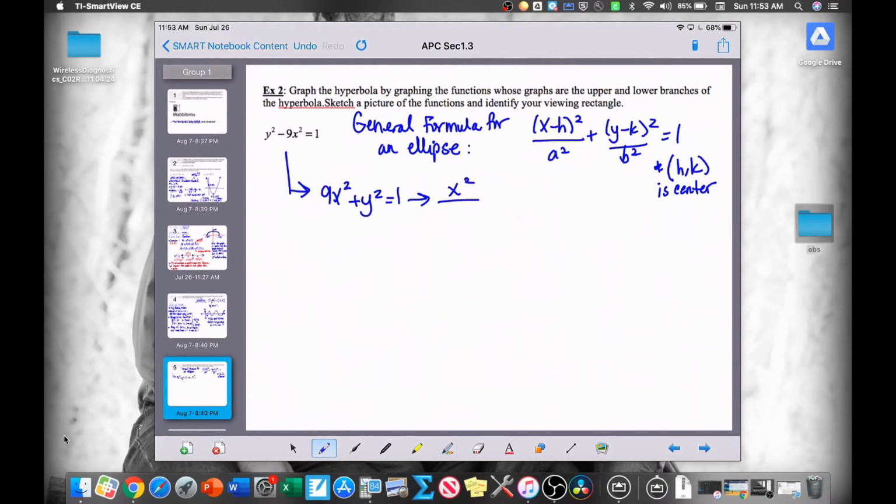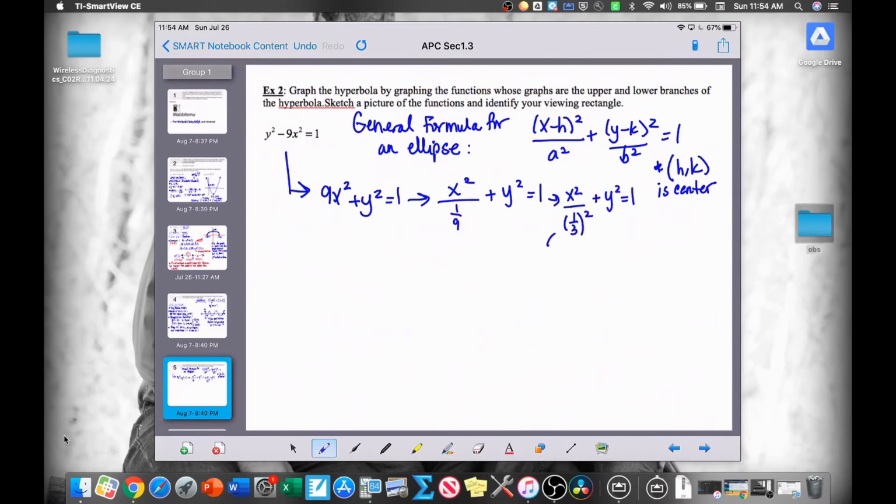So we're going to do something that looks a little bit goofy. Remember that multiplication and division are reciprocal operations that undo each other. So I could write multiplying by 9 as the same thing as dividing by 1/9. And that is true. Multiplying by 9 is the same as dividing by 1/9, plus y squared equals 1. And then I could simplify that and make it look like a squared under the x squared by rewriting that as x squared over (1/3) quantity squared plus y squared equals 1.